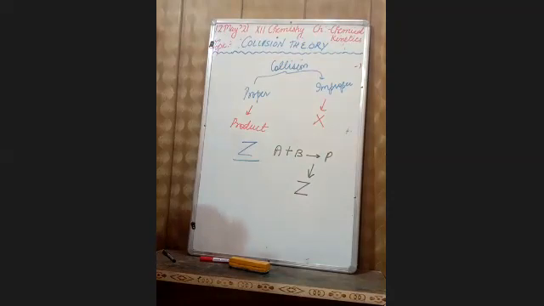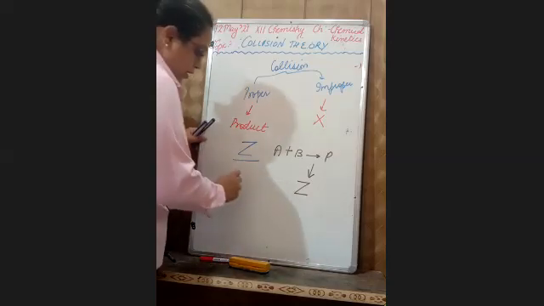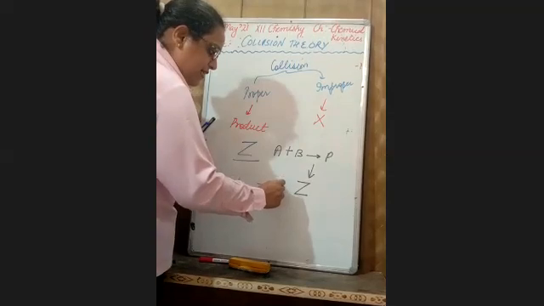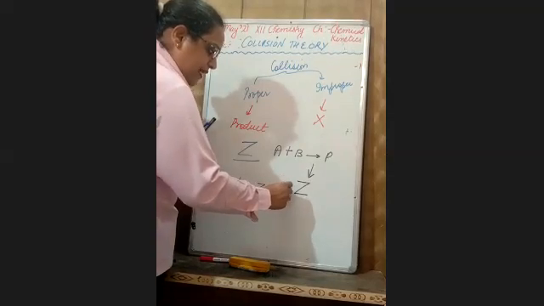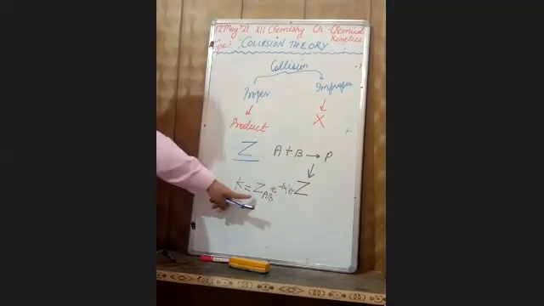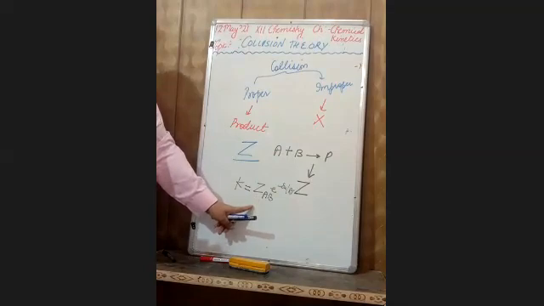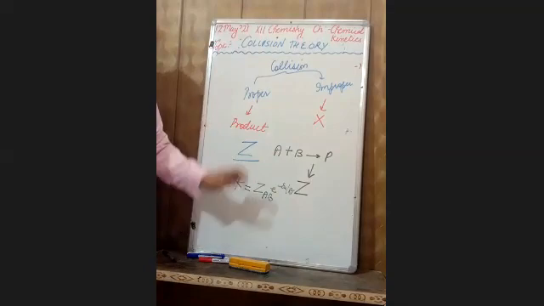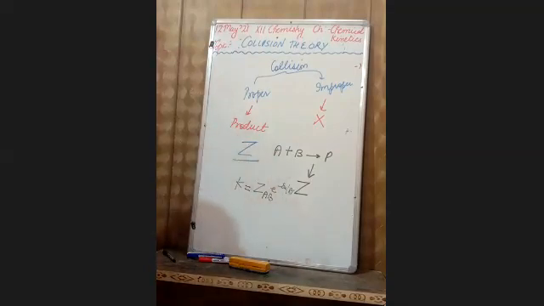So now rate constant K is equal to collision frequency Z into e to the power minus Ea by RT. The Arrhenius factor is replaced by Z. Z means collision frequency. Okay.